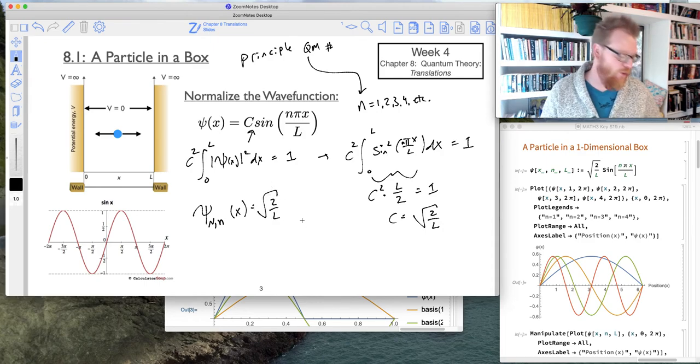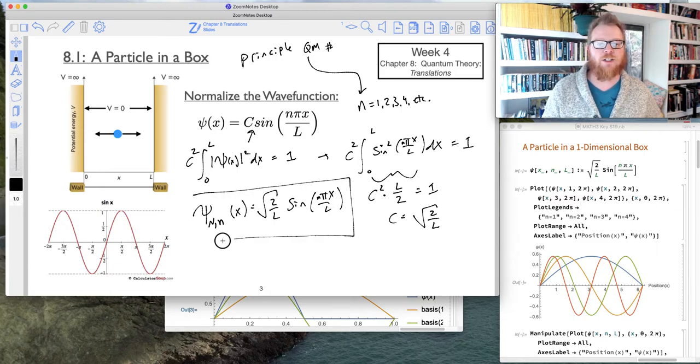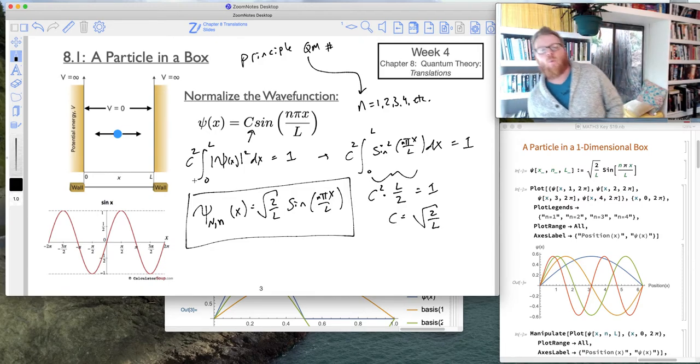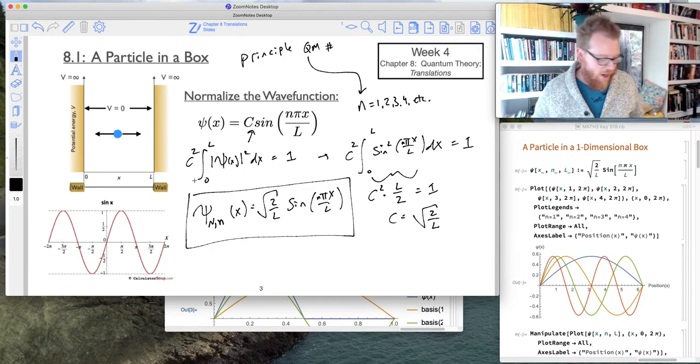Okay, so now the square root of 2 divided by L times sine of n pi x over L. And this is my normalized wave function for a particle in a one-dimensional box. And this is only over the range 0 through L, right? Because outside of the box, the particle can't exist, okay?